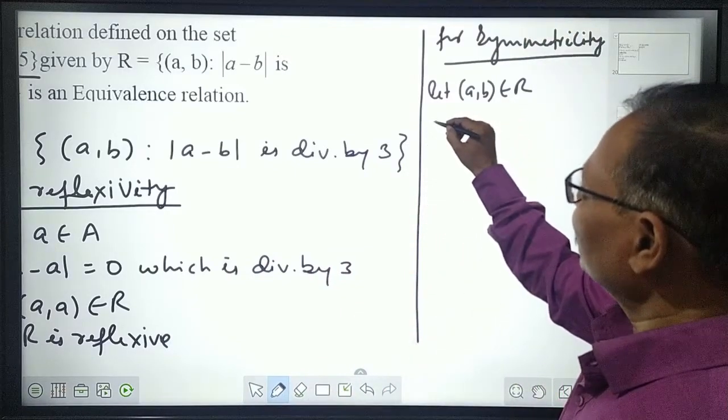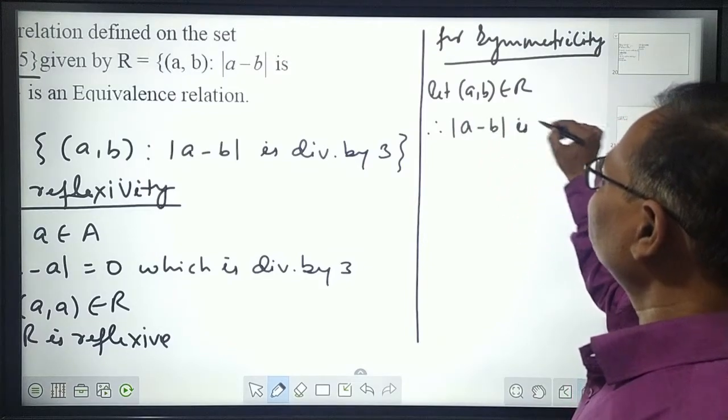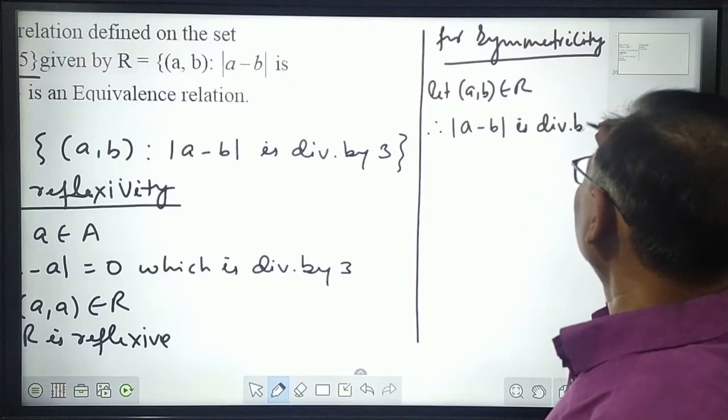So clearly modulus of A minus B is divisible by 3, we are supposing this.